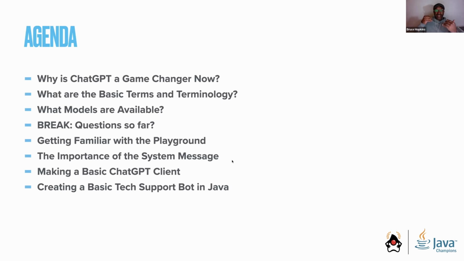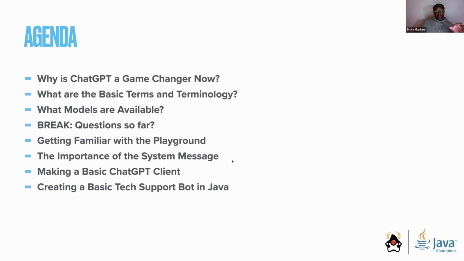When you're using the ChatGPT website, you only get to put in a prompt. As a developer, there are several different parameters, but one of them is specifically called the system message. We're going to discuss the importance of that message.